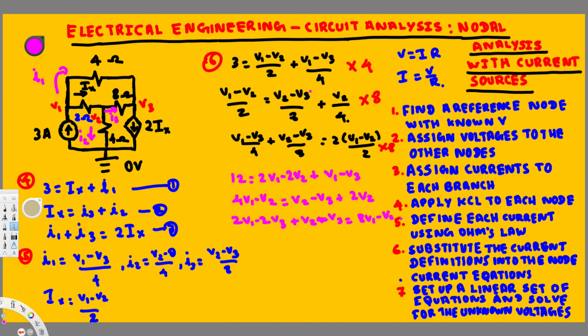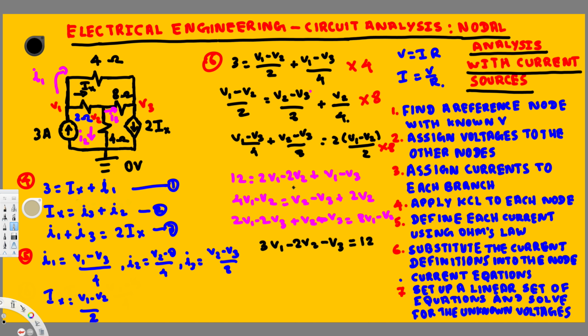minus V2. And the next step is we have to bring all the V terms to one side and the numbers to the other side. So here in the first one, you know what, we can solve it on this side and flip it: 2V1 plus V1, that's going to be 3V1, and then minus 2V2, we can keep it as that, and we have negative V3, which remains the same, and on the other side we put 12.